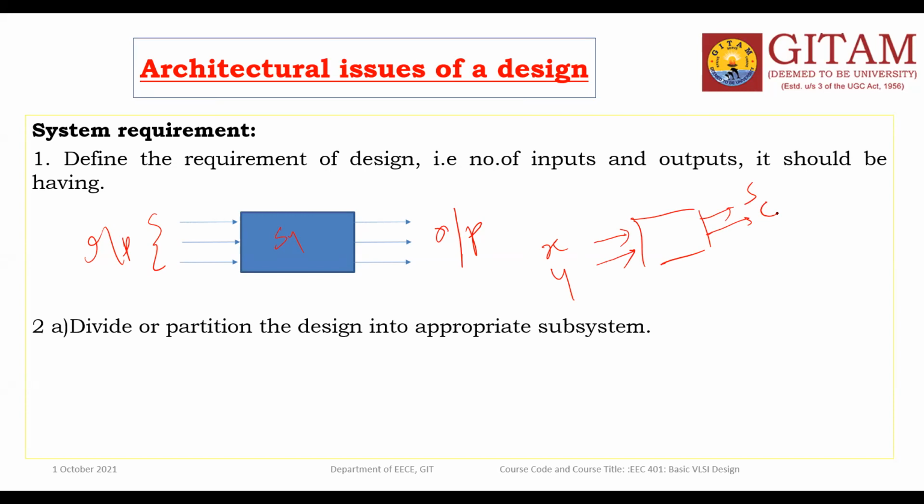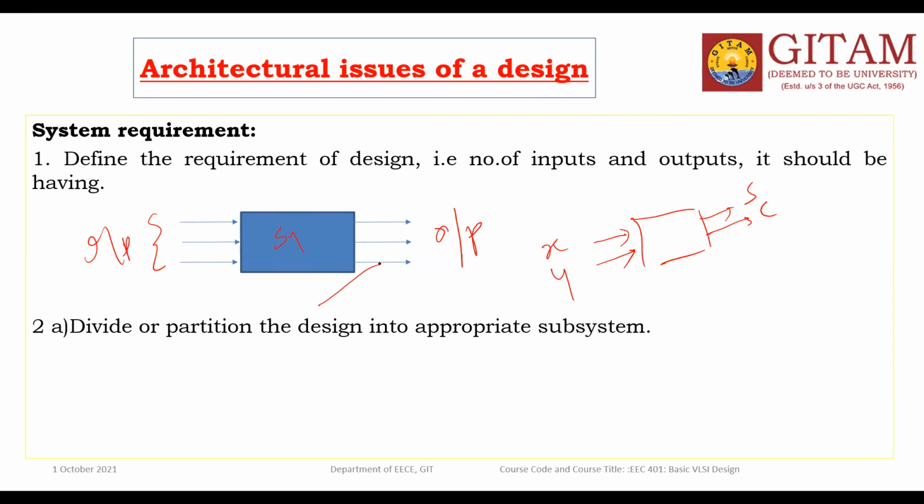Second one is to divide or partition the design into appropriate subsystems. Whenever you have a system, first it must be divided into subsystems, as many as possible.